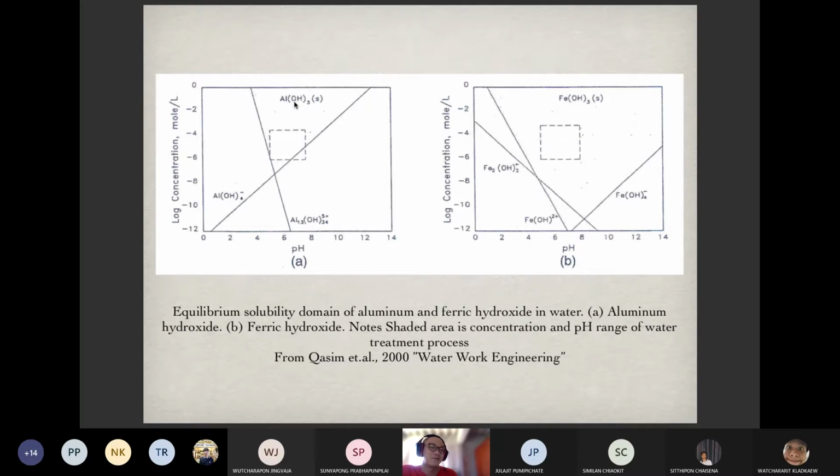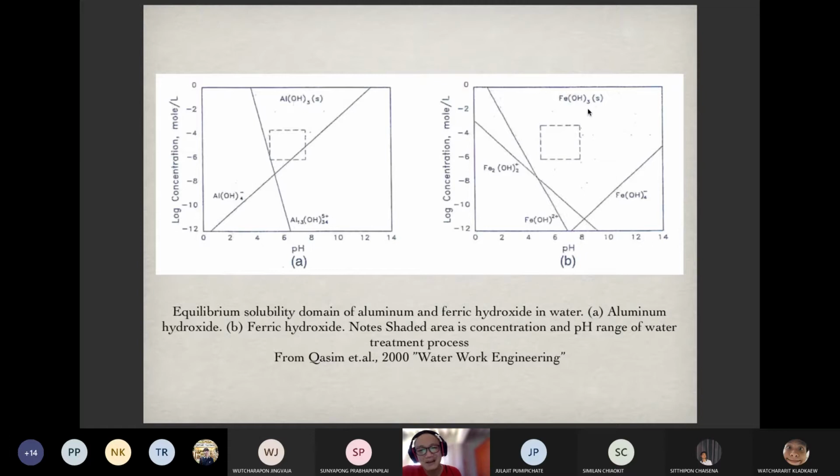Okay, but the floc may not be very dense, so it gets attached to each other, but on the other hand, it's easy to break again. That is the drawback of using aluminum salts as the coagulants.